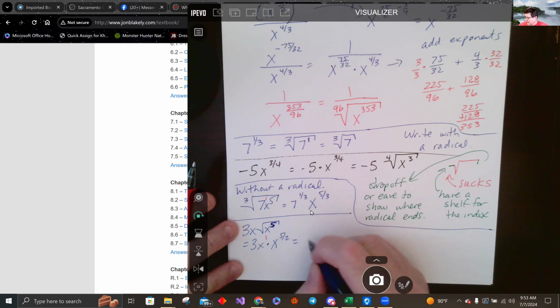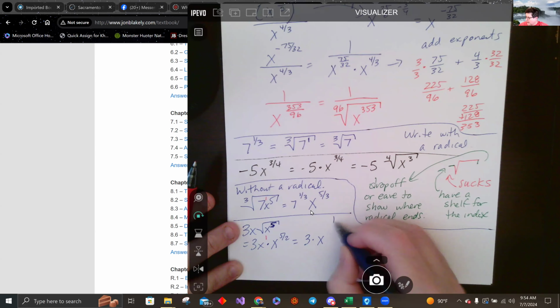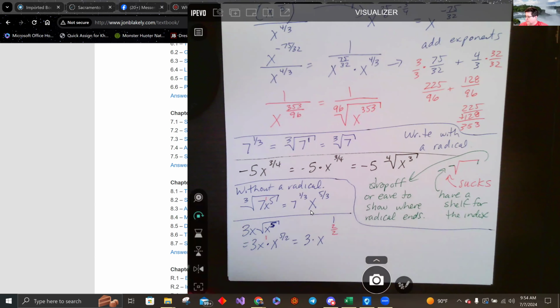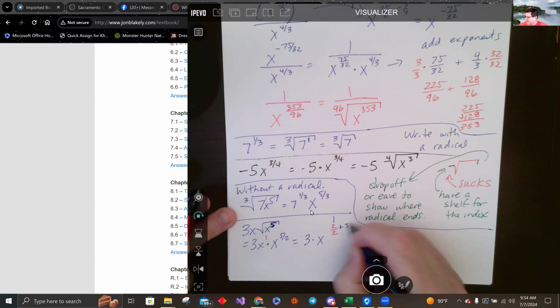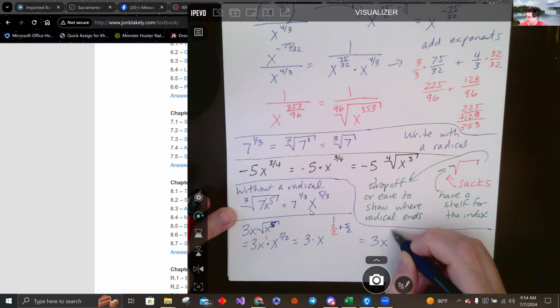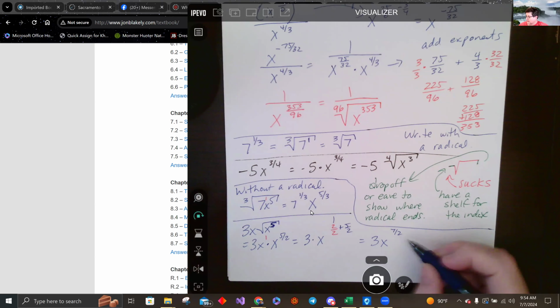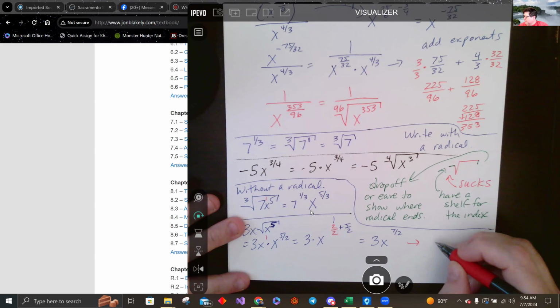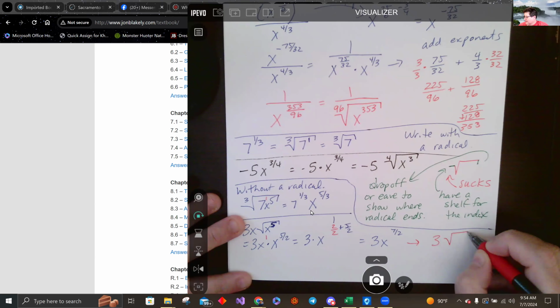So this ends up being like 3 times x to the 1, which with a common denominator is 2/2 plus 5/2. So this ends up being 3x to the 7/2. That's without a radical. If we wanted to put it back in a radical, notice this becomes 3 square root of x to the 7th.